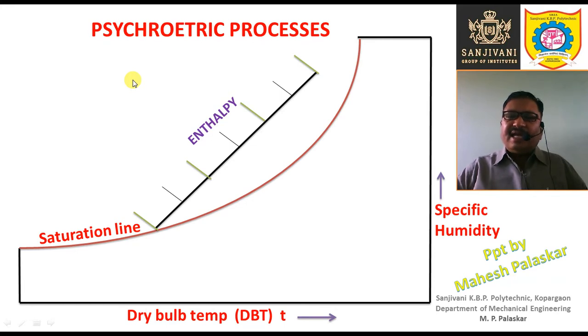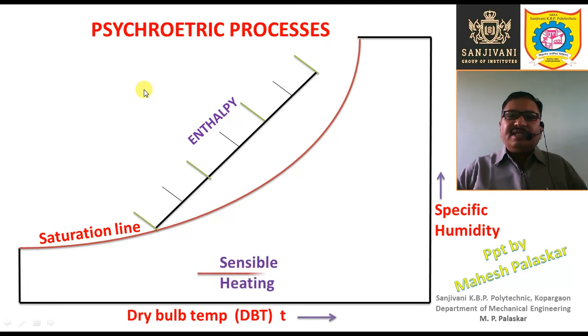The line or curve which joins them is the process. The arrow indicates the direction in which the process takes place, going away from the initial condition towards the final condition, right?